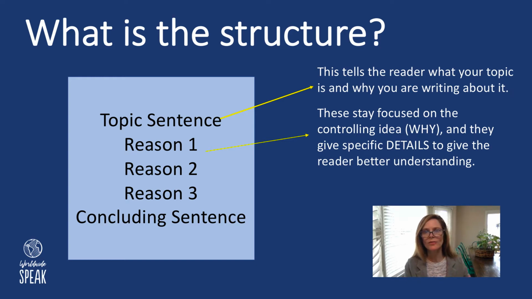They give very detailed examples to support your topic and controlling idea. Without this strong support, your paragraph will be very weak and difficult to read. And last, you have your concluding sentence, and this sentence just restates your topic sentence.